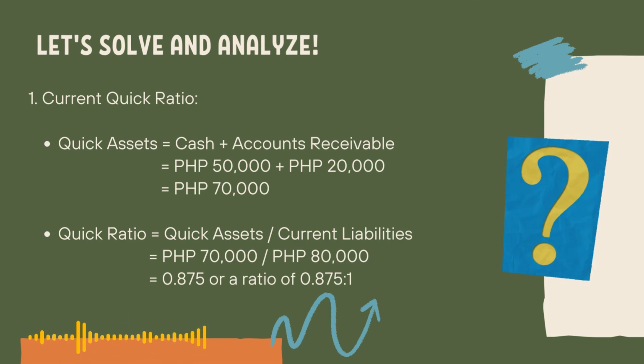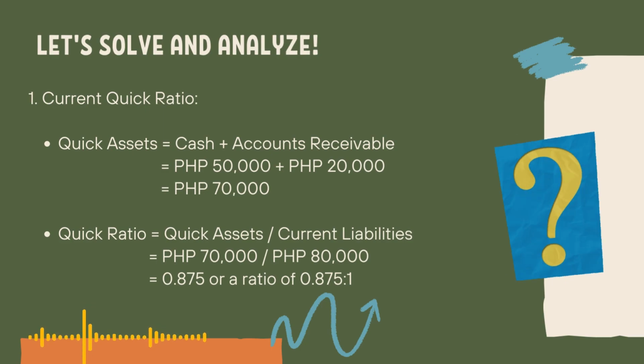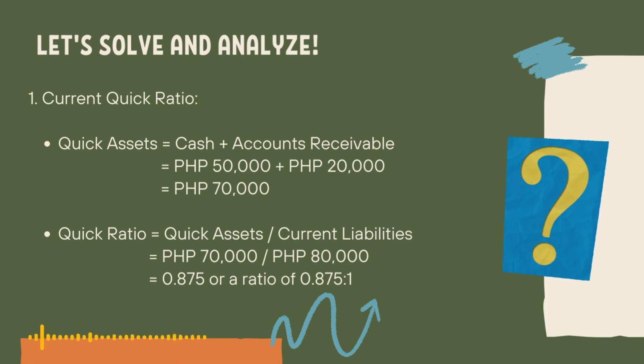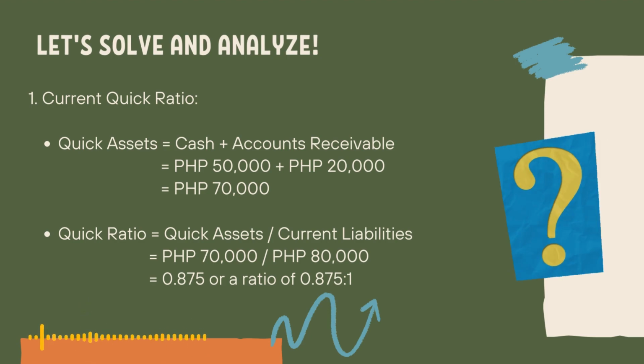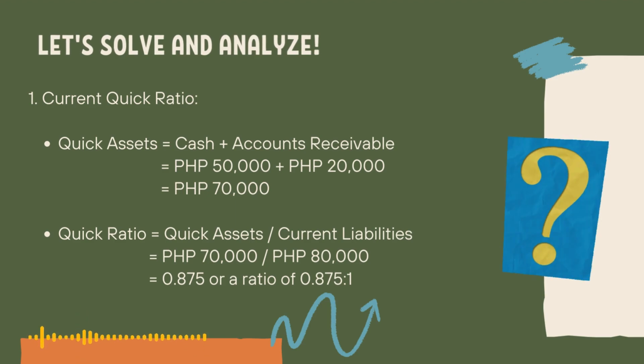For the quick ratio, we need quick assets and current liabilities. Quick assets divided by current liabilities. 70,000 pesos of quick assets divided by 80,000 pesos of current liabilities will give us 0.875 for the quick ratio.